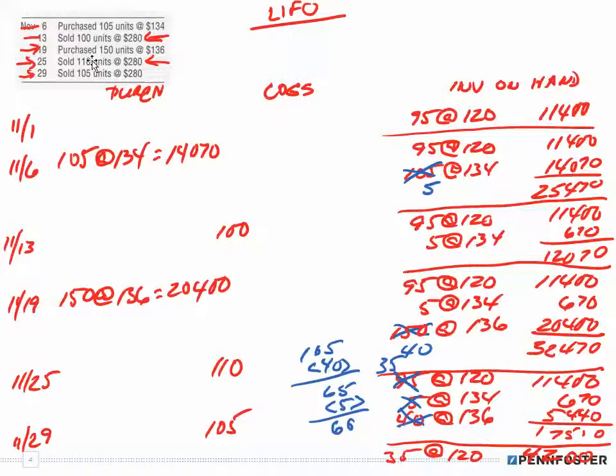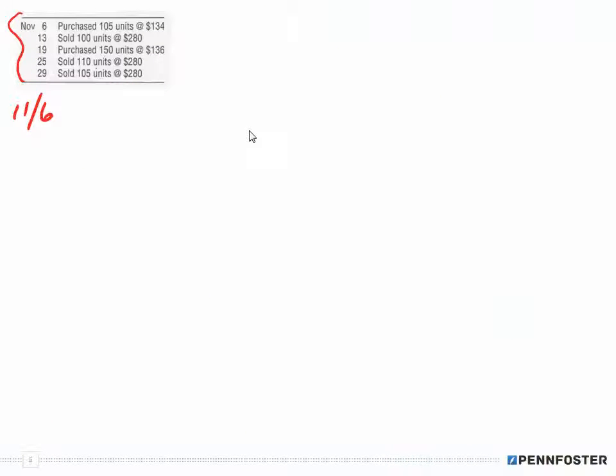That total amount was this 14,070, right? So I'm purchasing them on account. So I know I'm going to credit my accounts payable for 14,070. That means I have to debit something else, and I'm going to debit my inventory for 14,070. Right, so that's that transaction.